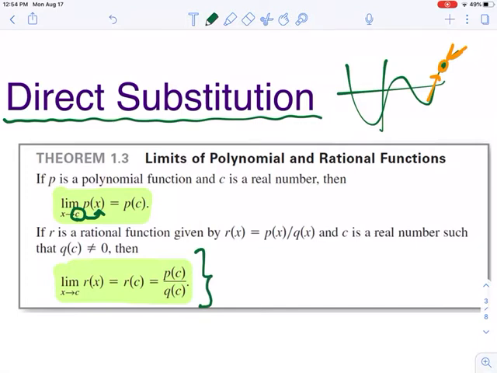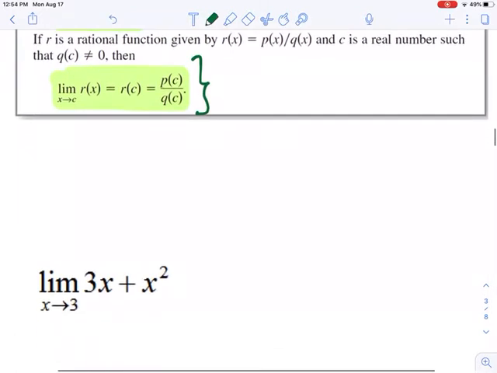So we can do direct substitution with a rational. Whatever we're approaching, we can just throw it in. Now, we will talk later about what happens if that c value makes the denominator 0, and we have multiple strategies we can use for that.